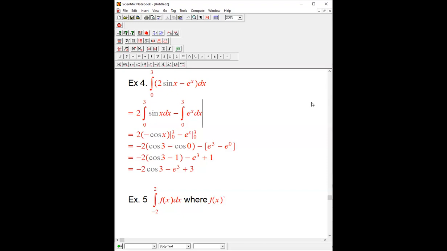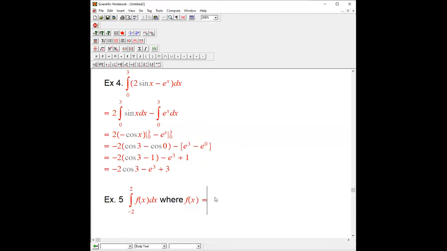Okay, hold on. I can use more space. So this function has 2 pieces.